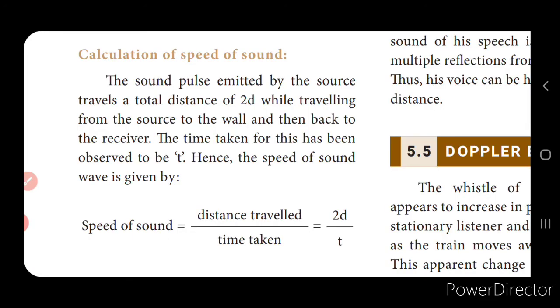I said that the echo can be used to calculate the speed of sound in any medium, isn't it? Since the original sound travels, meets the obstacle and is reflected back, the distance covered by the sound is 2 times, isn't it? The sound impulse transmitted from the source has to travel to the obstacle and come back to the source. So the distance is taken as 2d and the time taken is taken as t.